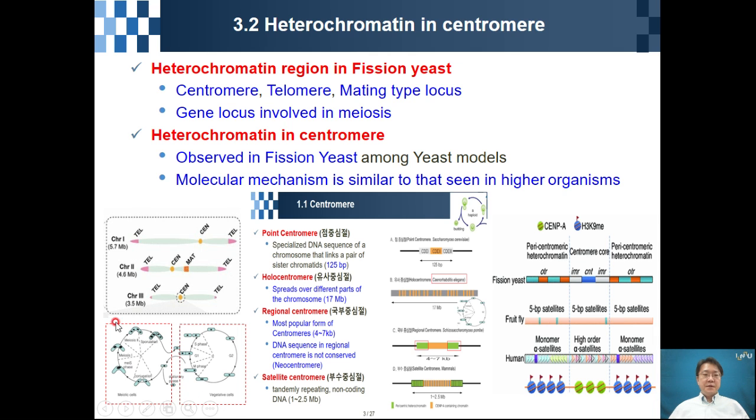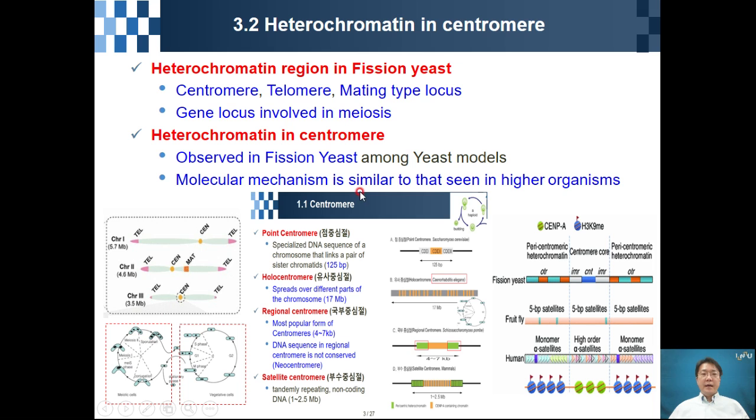So meiosis, starting from conjugation, then meiosis 1, meiosis 2 and sporulation, does not happen frequently in fission yeast because the gene loci involved in meiosis are located in the heterochromatin region.